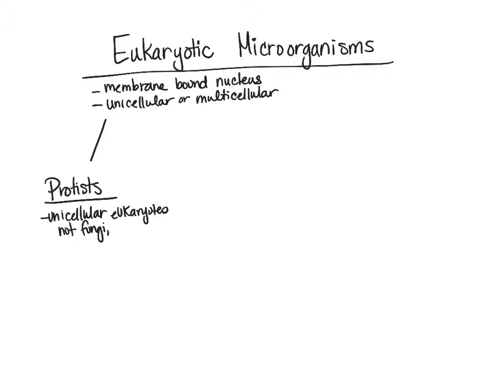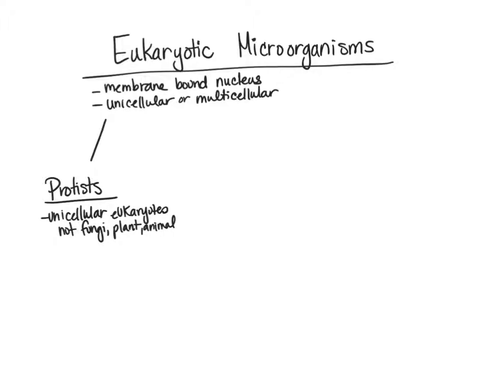So fungi, plant, or animal. And what we mean by that is, again, they're kind of a catch-all group. So if they don't fit nicely in another category underneath eukaryotic microorganisms, we put them in the protist group.